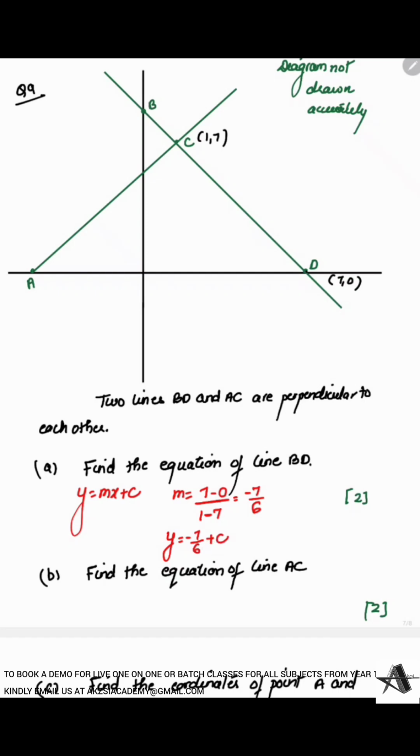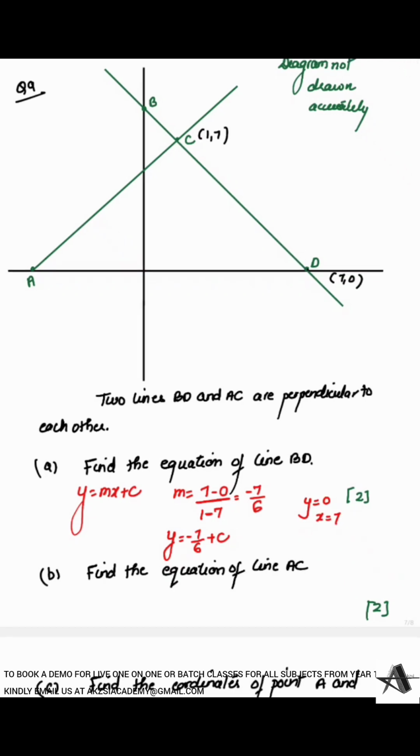Put any of the coordinates. Let me use this one. y equals 0 and x equals 7. Now substituting the value of y as 0 and x as 7, it will be 0 equals -7 over 6 into 7 plus c.